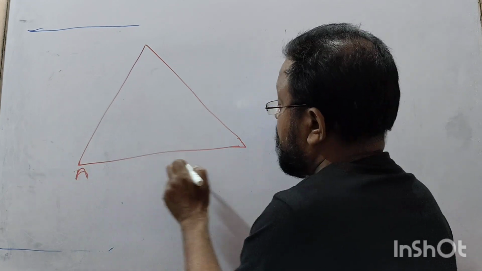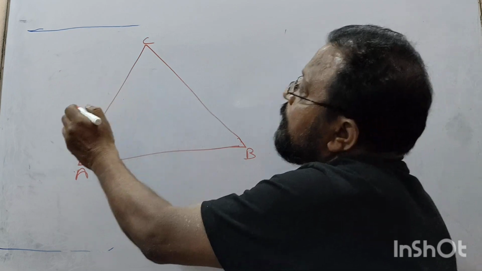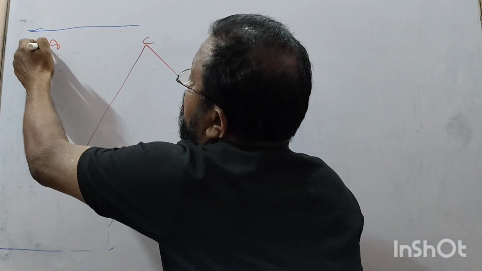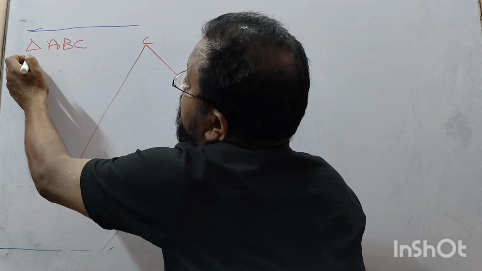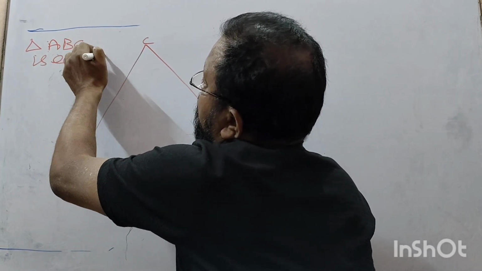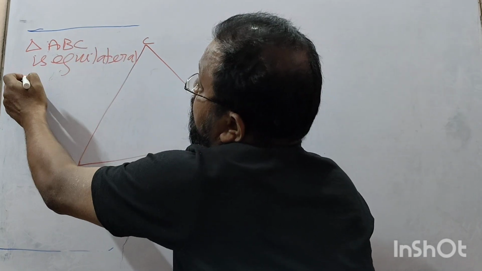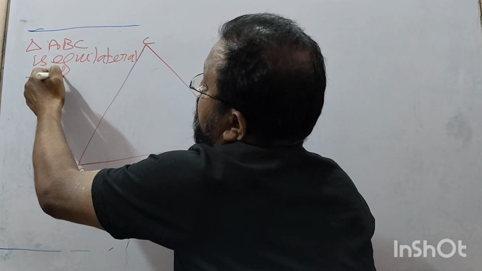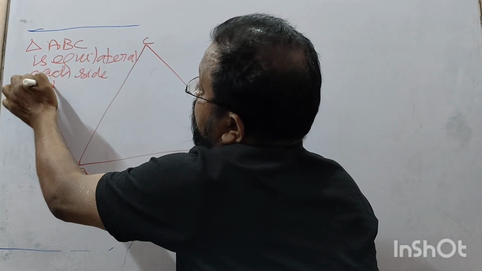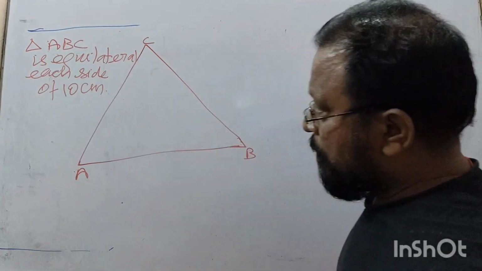Triangle ABC is equilateral, right? Each side is 10 centimeter, right?